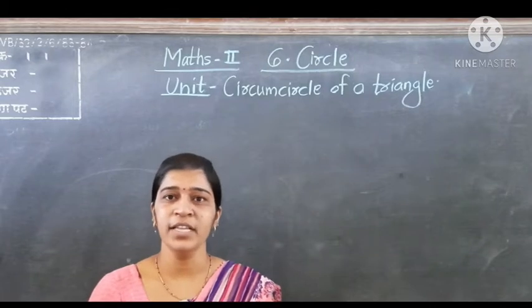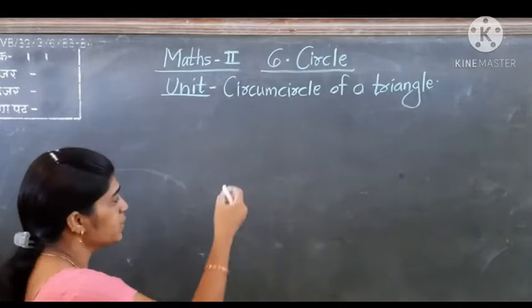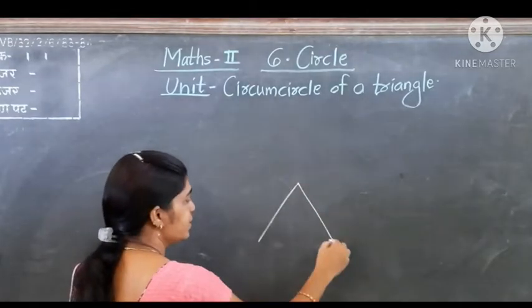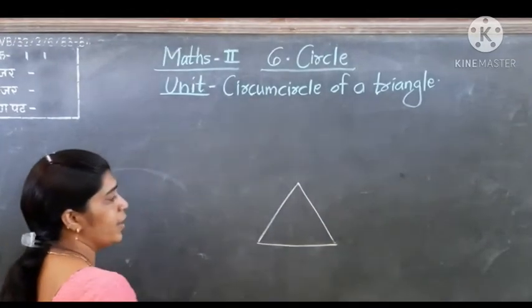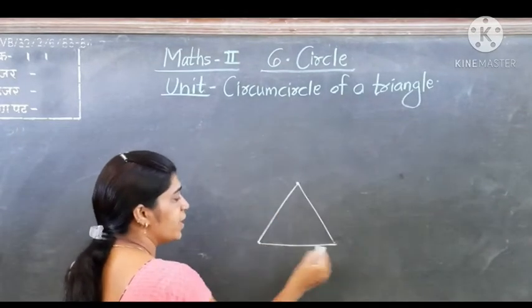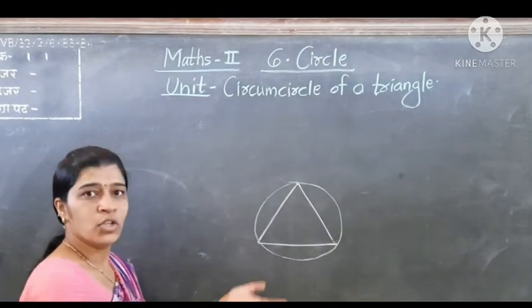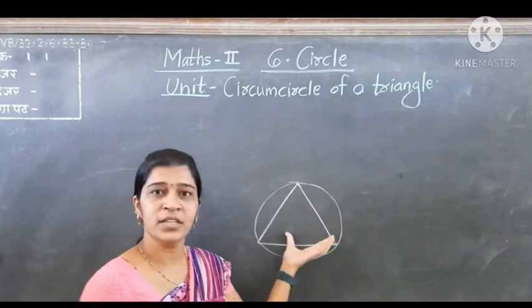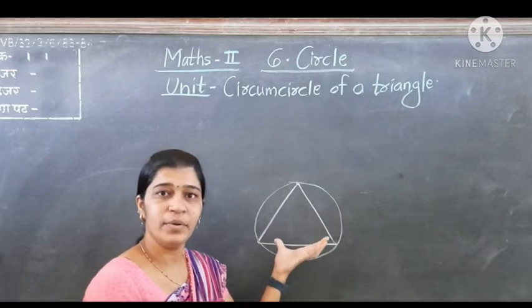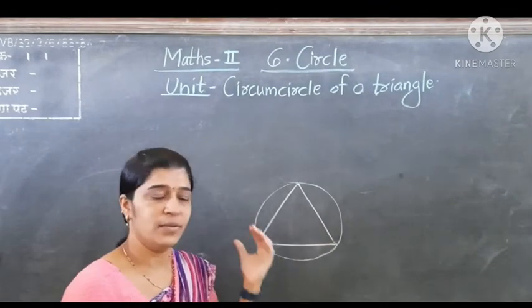Now, drawing the circumcircle of a triangle means, given a triangle, we have to draw a circle through its three vertices. We will see with the help of the compass box how to draw this circumcircle.